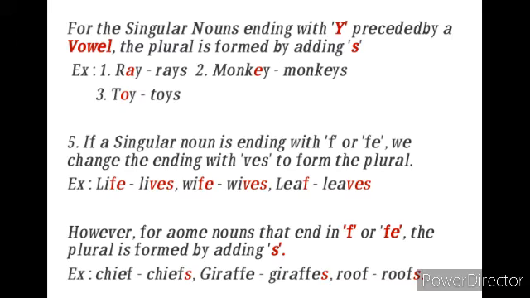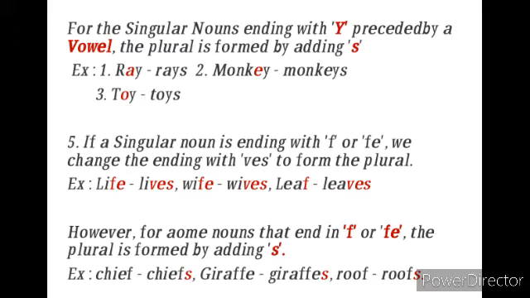We have dropped FE and added VES to make it plural, saying wives. Leaf, the word is ending with simple F. We have simply dropped F and added VES to make it plural. Hope you understand.